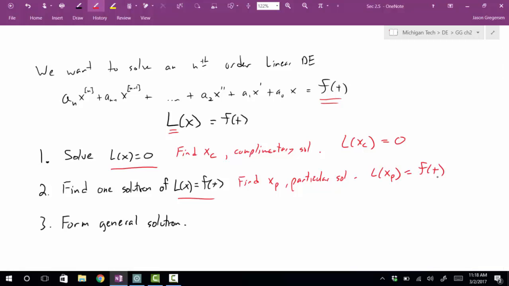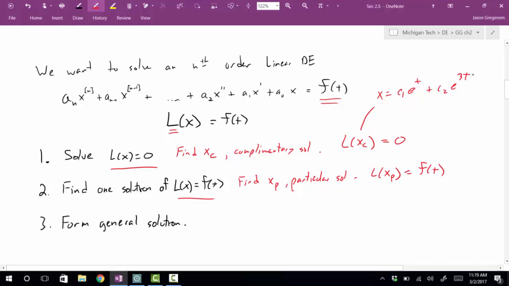And you might ask yourself, wait a second, aren't I trying to solve this problem? I'm going to use this xp. Isn't that the solution? Can I just be done with xp? The idea is no, because this xp is just one specific solution. If we think of what x sub c looks like, we've looked at that before. We've looked at solutions that look like c1 e to the t and c2 e to the 3t, or all kinds of variations there.